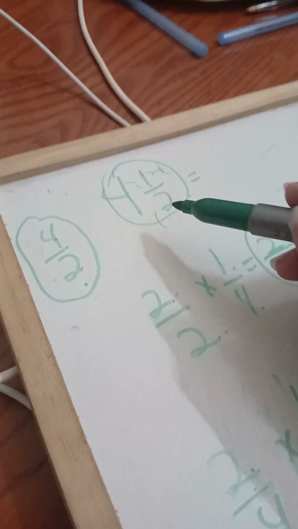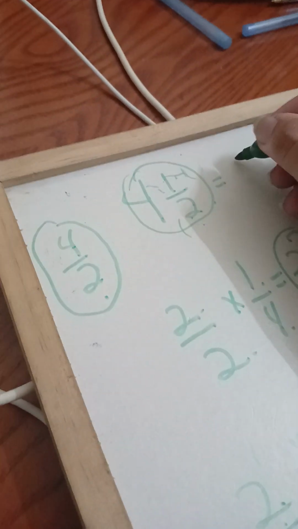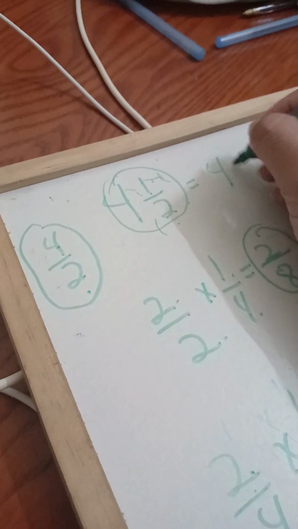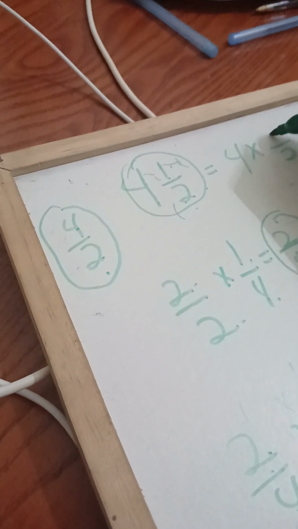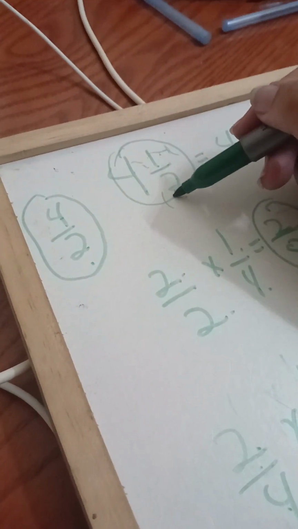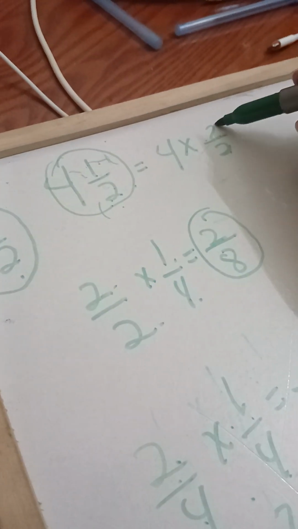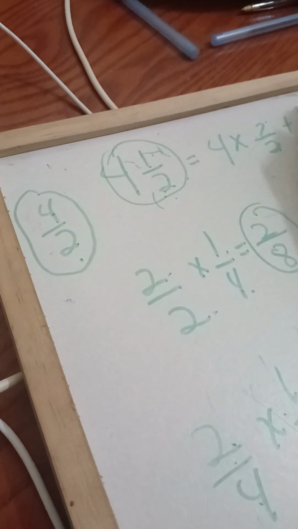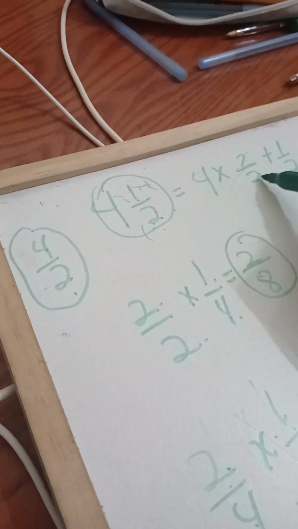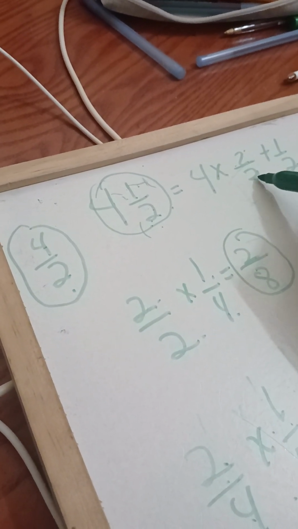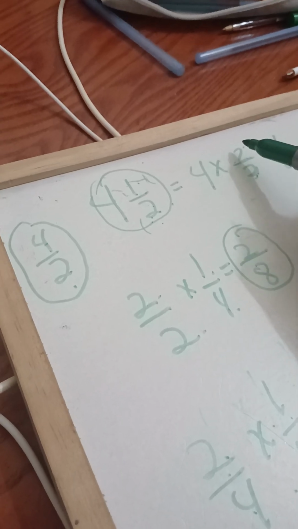How are we gonna do this? Easy. You have 4 1/2. You multiply the complete number by the denominator, the same bottom number, and put it in the top.